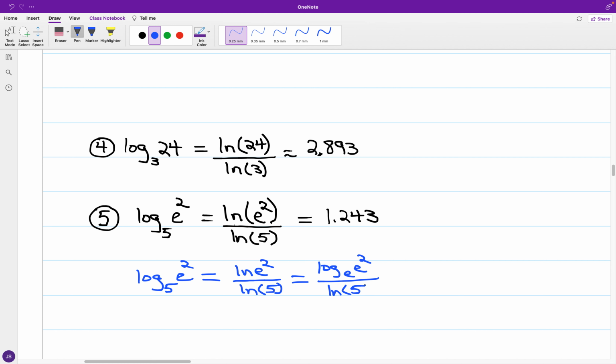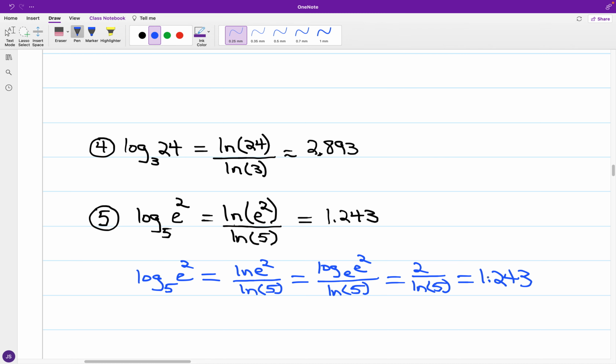And natural log of e squared is the base e logarithm of e to the second, and that would reduce to 2, and 2 over the natural logarithm of 5 still comes out to the very same result, still at 1.243.